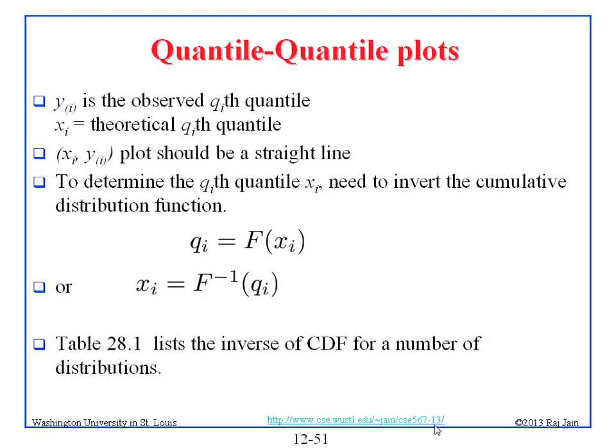So the value of x at which the cumulative distribution CDF becomes qi is what you are looking for. Let's say you are looking for the 90th percentile, you will put 0.9 equal to F(x), and whatever x value you get, that is your 90th percentile.